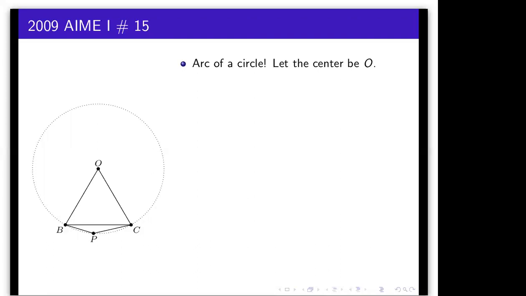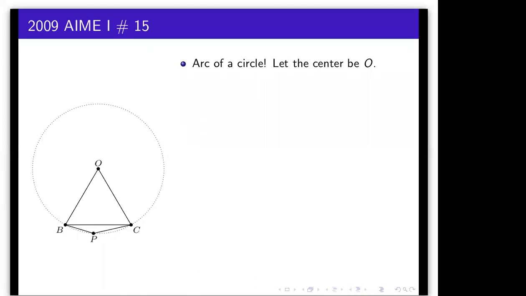Now we know it's the arc of a circle because if we have some arc with an angle measure of 300 degrees, and we have some point that subtends that arc, it's always going to be equal to 150 degrees. So that's what we have here.